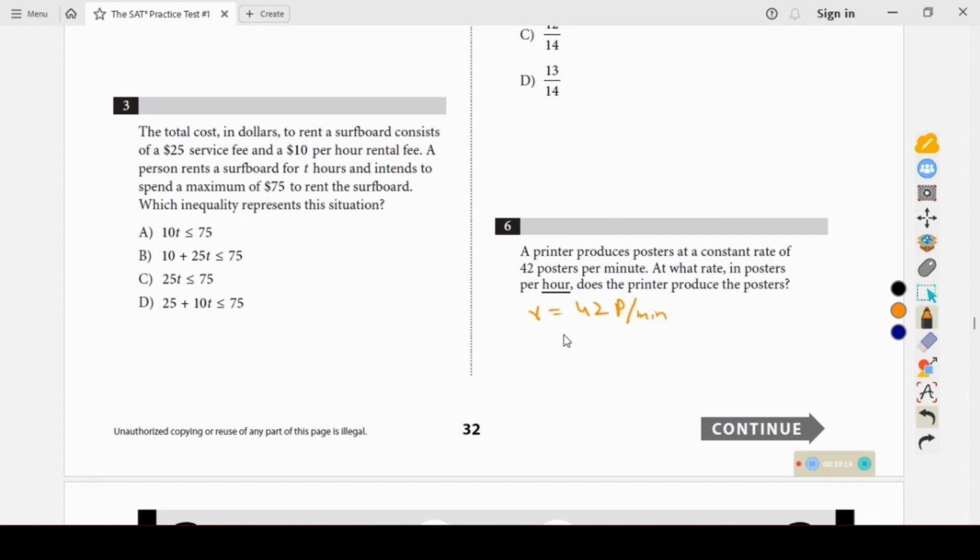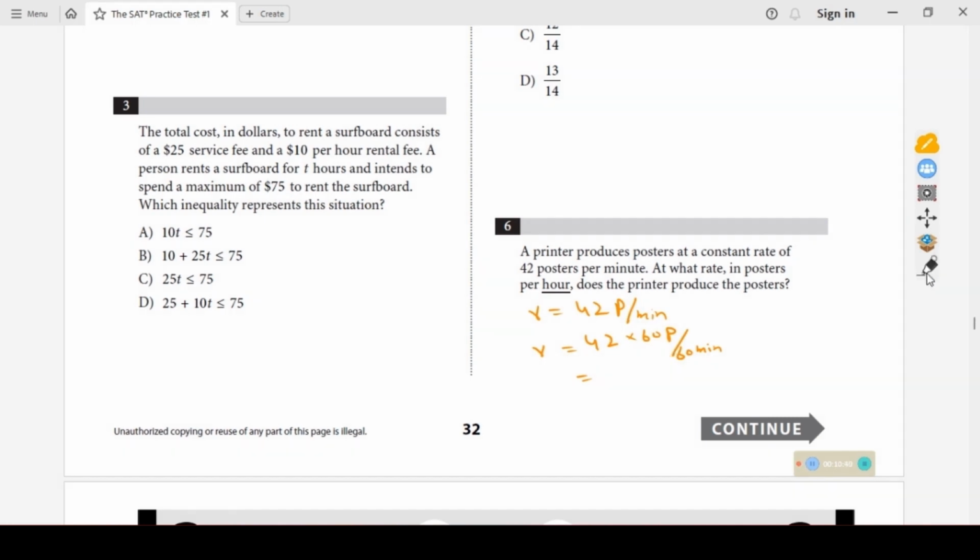So we have to find the value in hours. Then what we can do? We can just multiply the numerator and denominator by 60. Posters per 60 minutes equals 42 times 60.